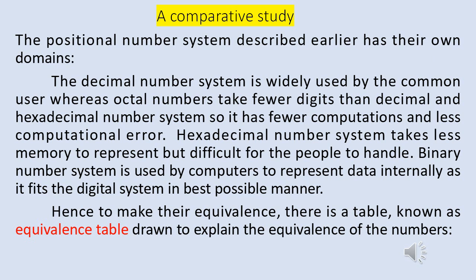The hexadecimal number system takes less memory to represent but is difficult for people to handle. The binary number system is used by computers to represent data internally, as it fits the digital system in the best possible manner. Hence, to establish their equivalence, there is a table known as the equivalence table, which explains how we compare the numbers in the different number systems.